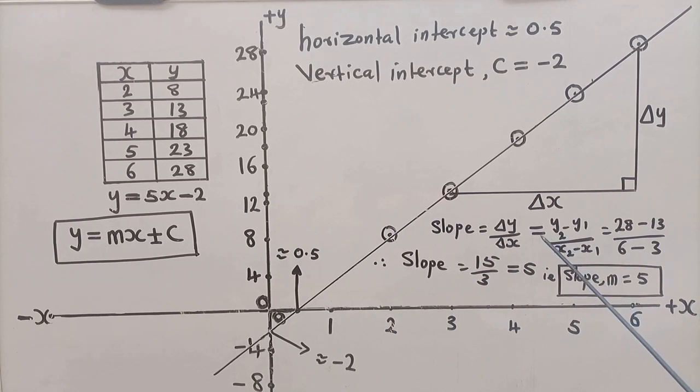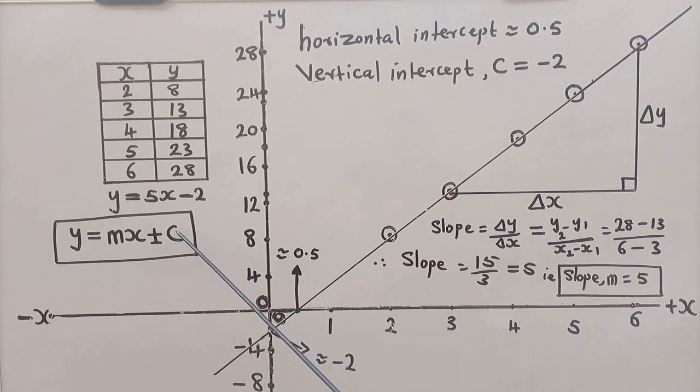Having gotten its y-intercept as minus 2, if we compare this minus 2 with this minus 2 here, and at last compare it with this c, what it means is that from the table, the constant we got after 5x is minus 2. From the sketch, we still got the same minus 2 as the y-intercept.